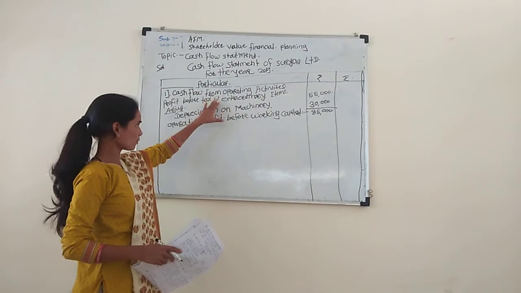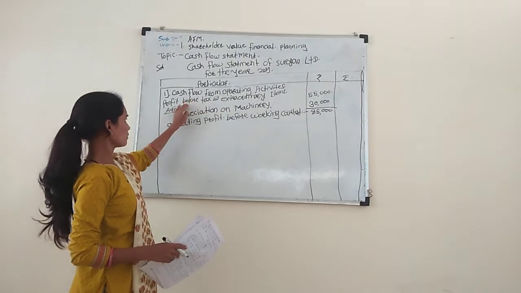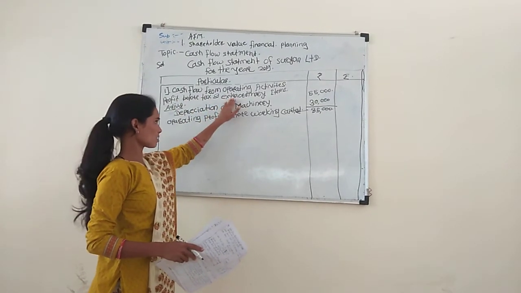Show the cash flow from operating activity, profit before tax and extraordinary items.